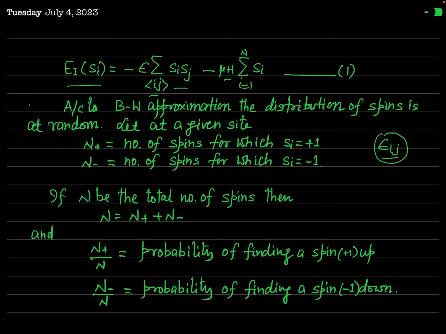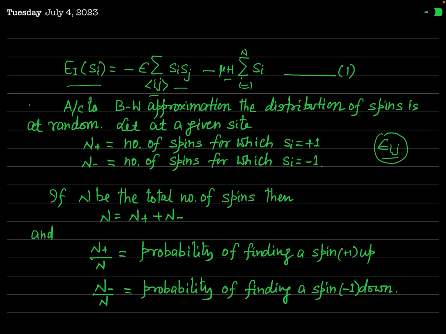Associated with each lattice site there is a spin variable, denoted by the symbol Si, where i runs from 1 to n, which is a number equal to either plus 1 or minus 1. When Si is plus 1, that represents the up spin, and Si equal to minus 1 represents the down spin.